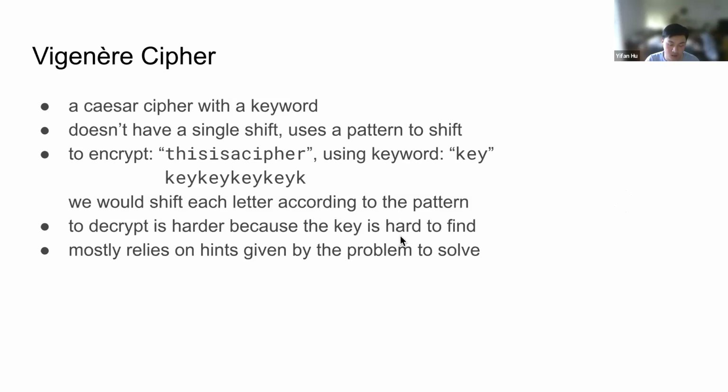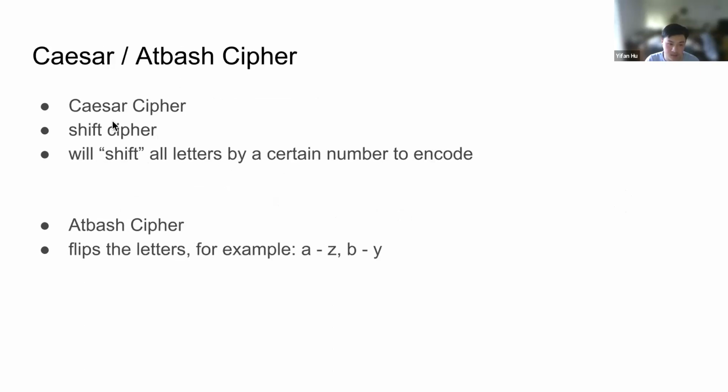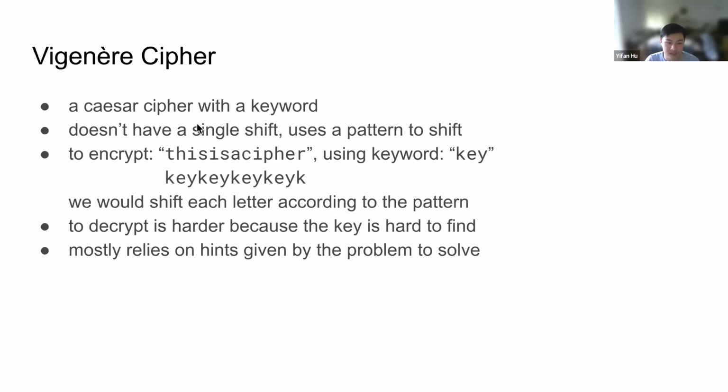Do you know how the Caesar cipher works? So it's like a Caesar cipher, except you shift based on a keyword. So you have the first letter, and you shift it based on the keyword, which in this example is KEY.